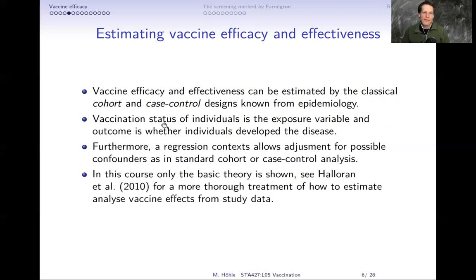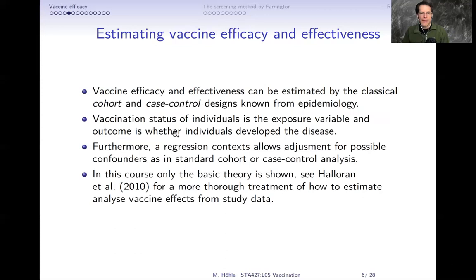And here the vaccination status of the individuals is the exposure variable, so yes or no. You could, for example, have a placebo-controlled trial where some are vaccinated, some are not vaccinated on purpose, because we flip a coin for each, and we blind the observer of the study in order to avoid a bias from people knowing whether they are vaccinated or not.